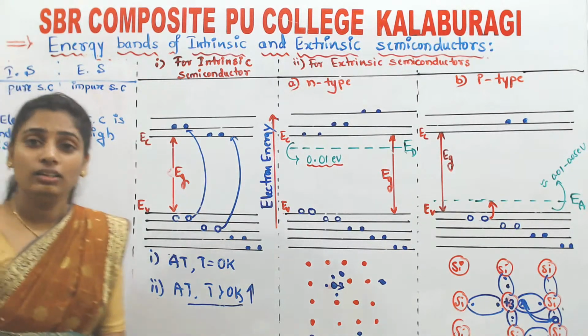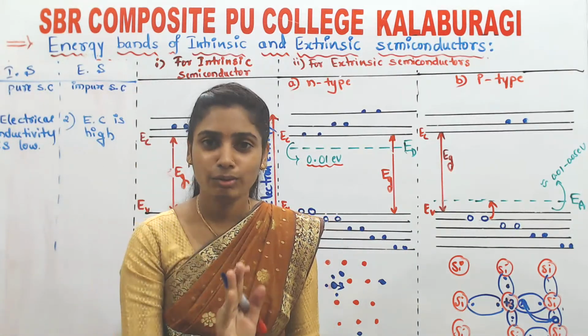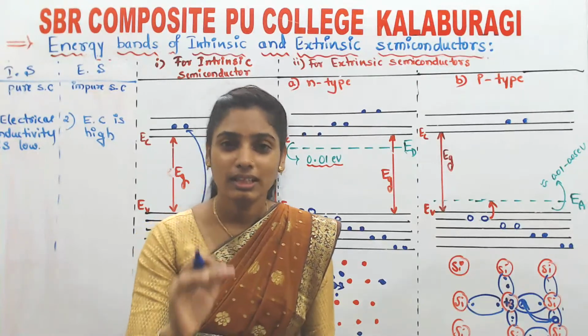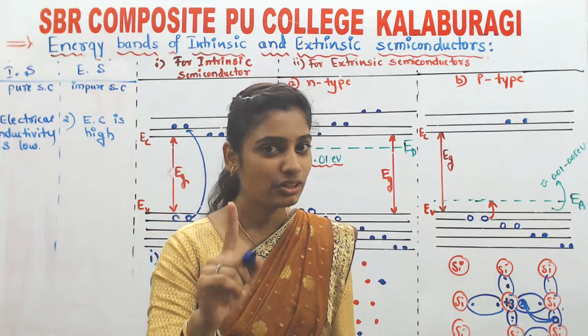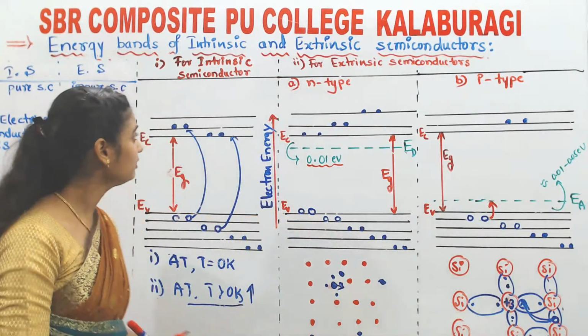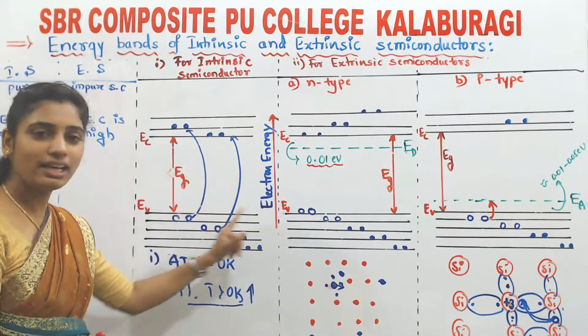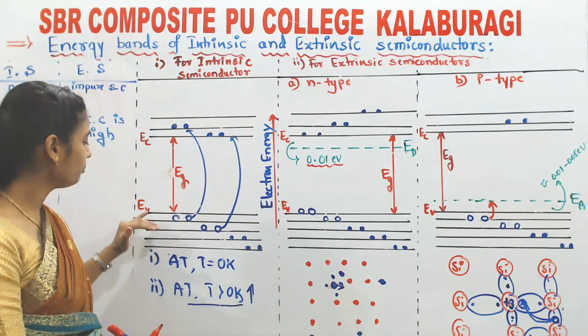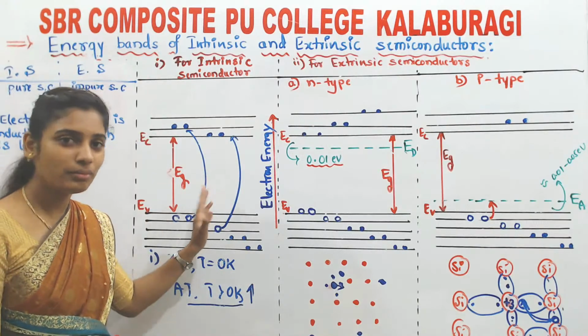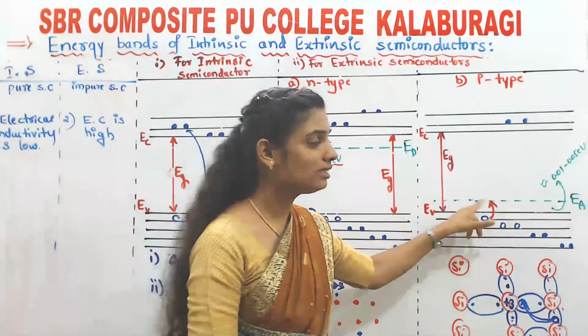Look at this. In intrinsic semiconductors, there are no allowed or permissible energy levels in between the valence and conduction band. Just now we studied the energy levels in the semiconductors. You can see here in intrinsic semiconductor, there is no additional energy level present between the valence and conduction band. But in the extrinsic semiconductors, you have additional energy levels.